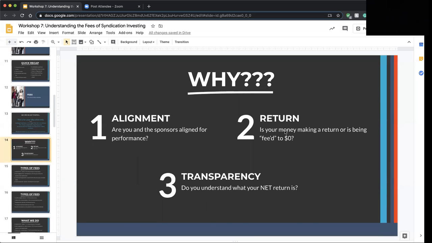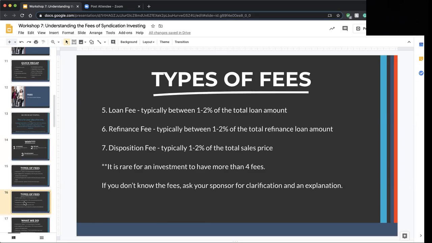Also, are you really making a return on the property? I think it's pretty rare for a really good sponsor to have more than 4 fees. And if you don't know the fees on the project, whenever you are looking to invest in a project, make sure to ask the sponsor for clarification and an explanation, because you really want to understand what those are.